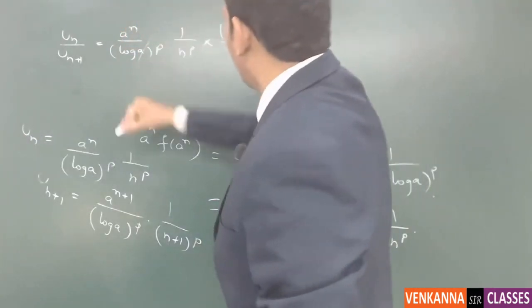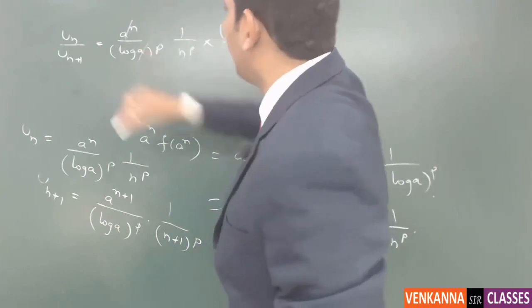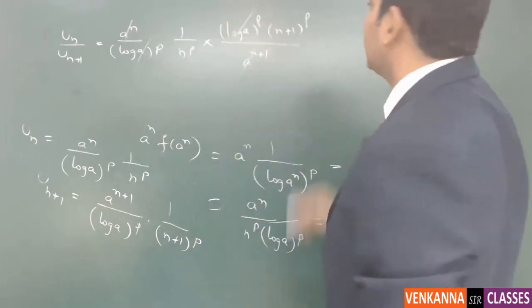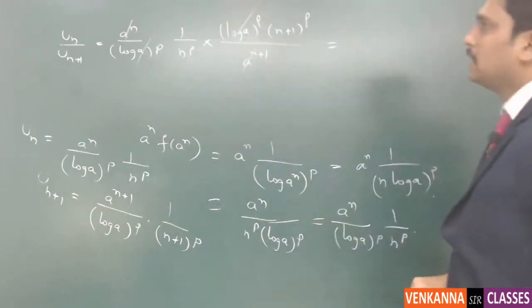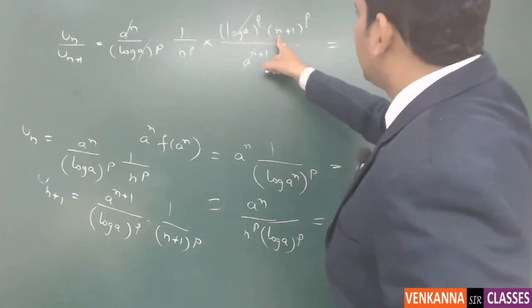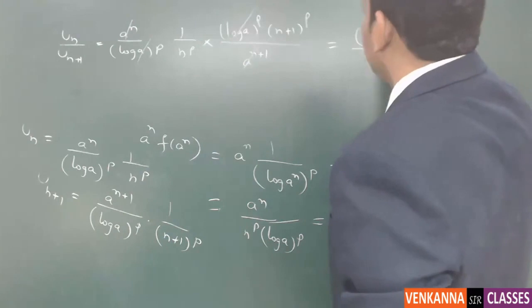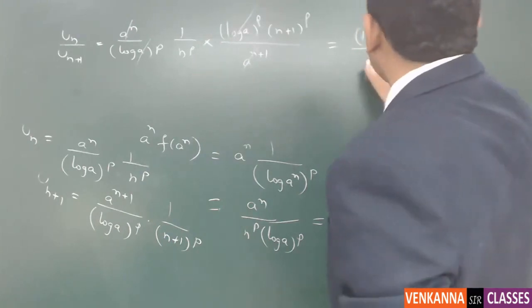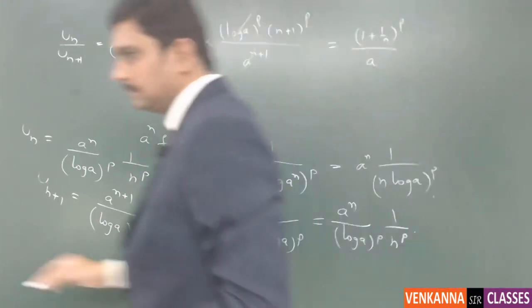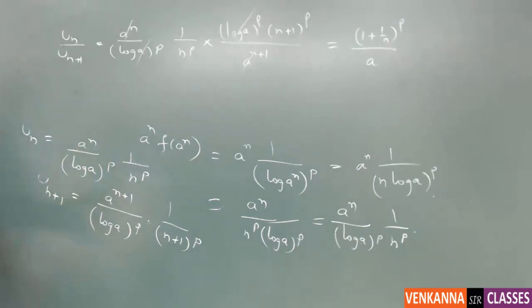So log a whole power p gets cancelled, a power n gets cancelled, a will remain here. Again, taking n common here, 1 plus 1 by n whole power p by n power p gets cancelled here, it will be a. Is that okay now? That is the un by un plus 1 value.